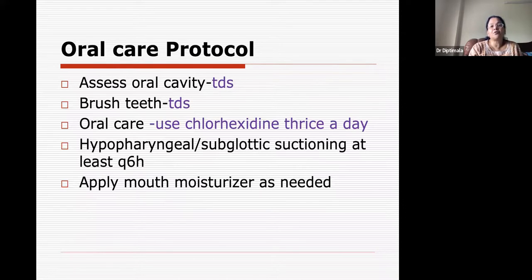So you need to assess the oral cavity once in every shift and brush the teeth once in every shift, that is 3 times a day. For oral care, use chlorhexidine thrice a day, hypopharyngeal and subglottic suctioning at least 6 hourly, and apply mouth moisturizer as needed.